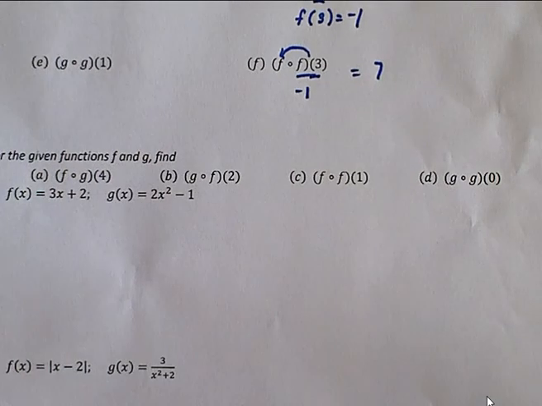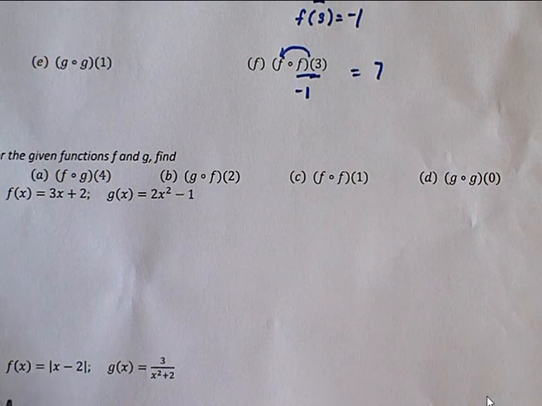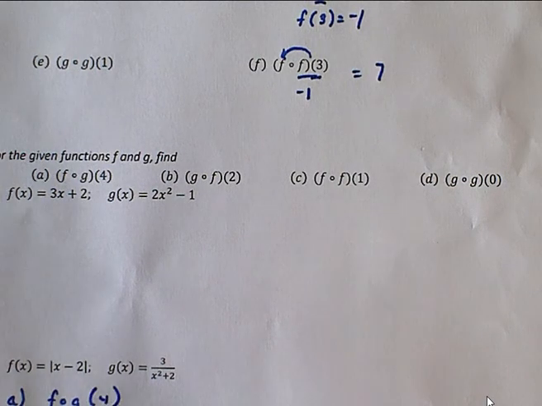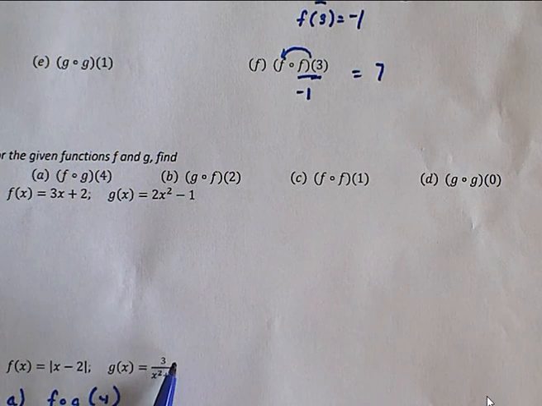But again, follow the order. So on A, I want to find F of G of 4. The first thing I'm going to do is find G of 4. So take the number 4, go up here, plug into G.